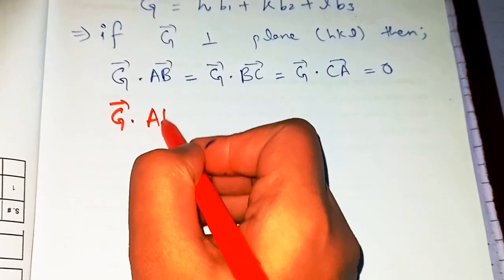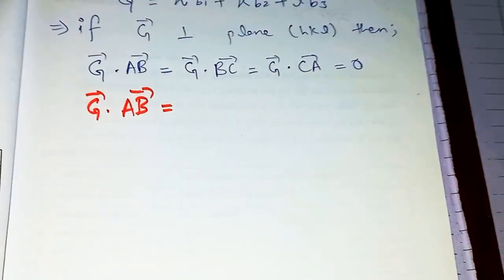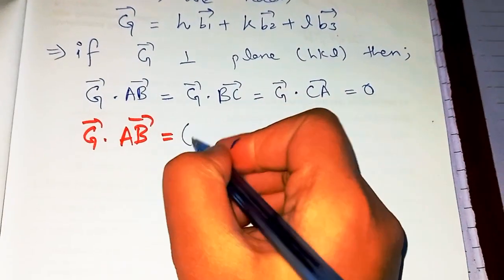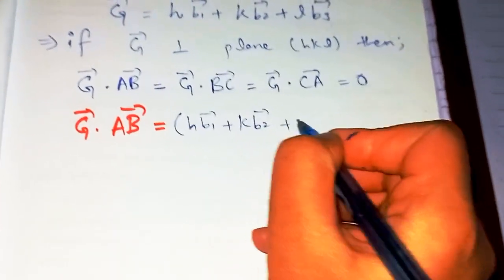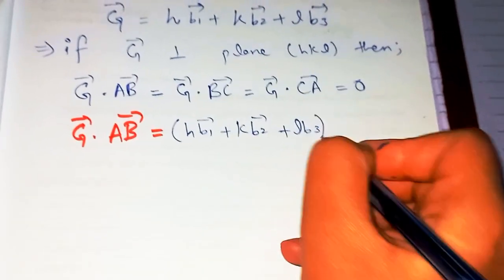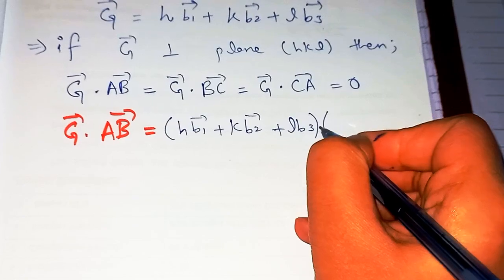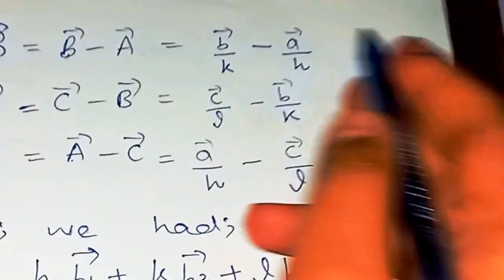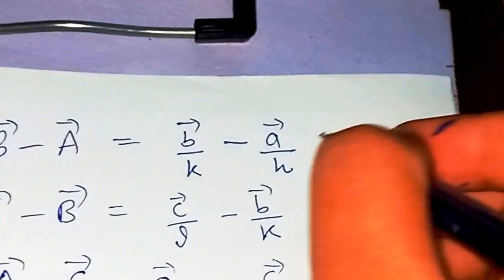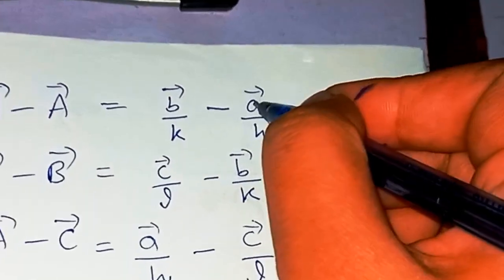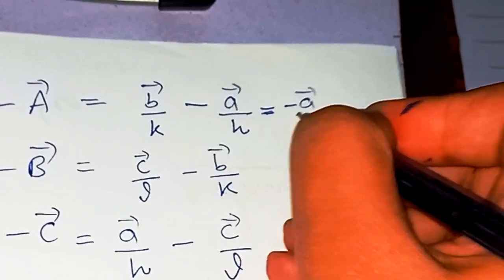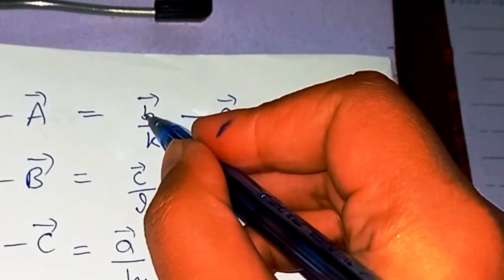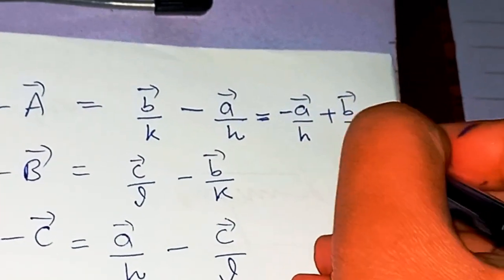G dot AB is equal to G, which is h b1 vector plus k b2 vector plus l b3 vector, dot product with AB, which is this. Let's write them in order first. We'll write A first, then B, and then C. So A is first, minus A vector divided by h, plus, since it has plus sign, B vector divided by k.